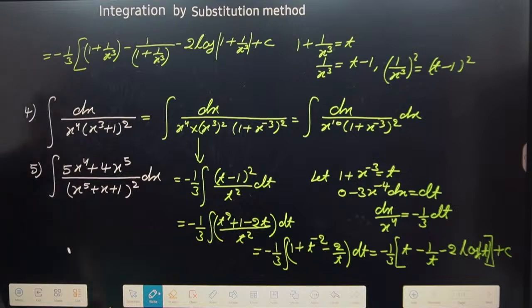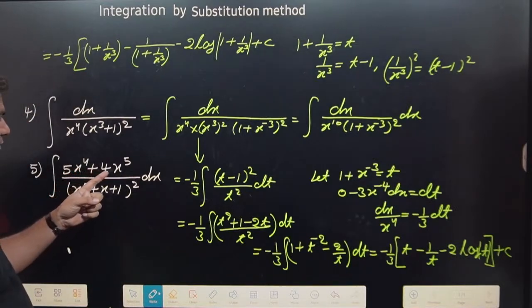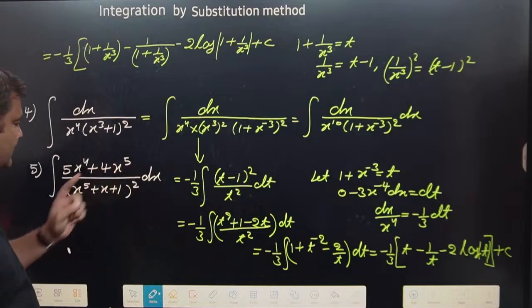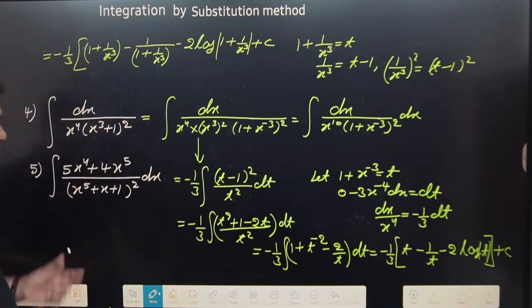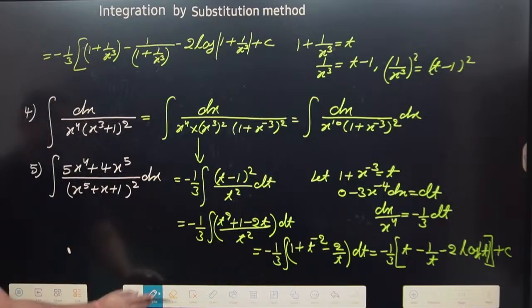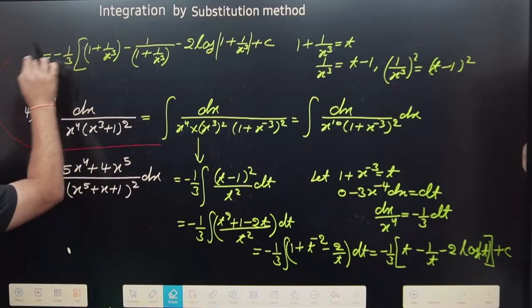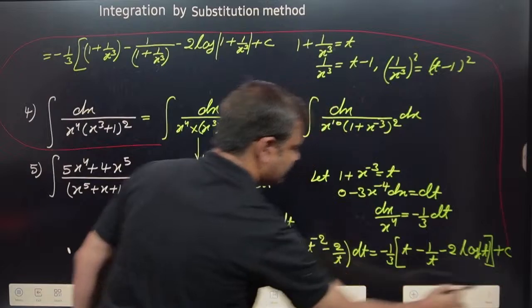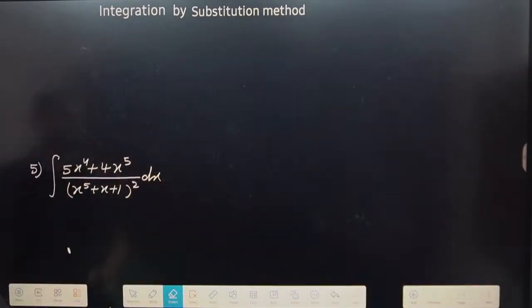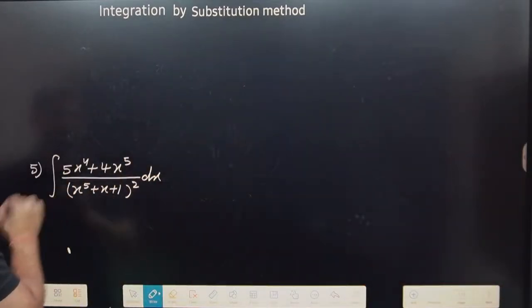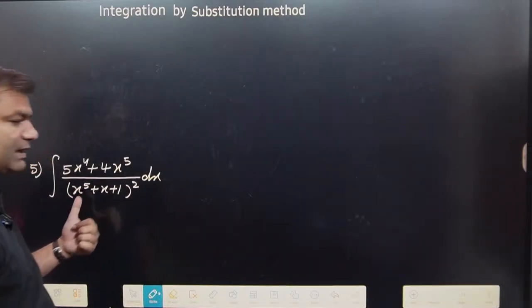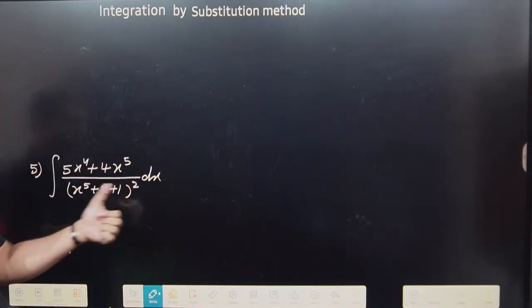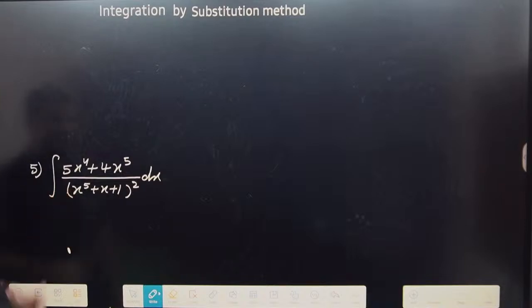Okay. Now the next problem is the integral of (5 into x to power 4 plus 4 into x to power 5) divided by (x to power 5 plus x plus 1) to the whole square. How can we solve this type of problem? Simply, the highest power is common. Here x to power 5 is common, then to the whole square, so basically x to power 10.